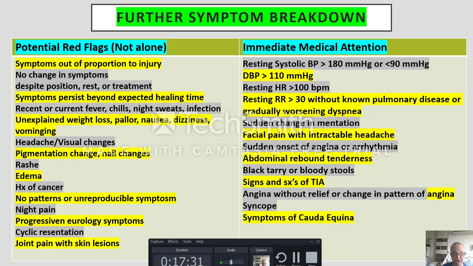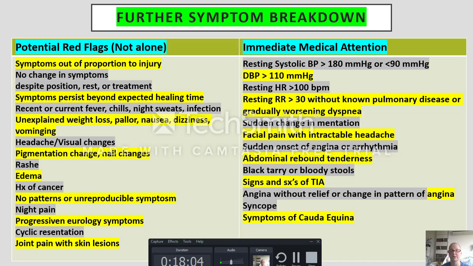Headache and visual changes. Pigmentation change, nail changes. Rash, edema, history of cancer. No patterns or unreproducible symptoms. Night pain. Progressive neurology symptoms. Cyclic presentation. Joint pain with skin lesions.